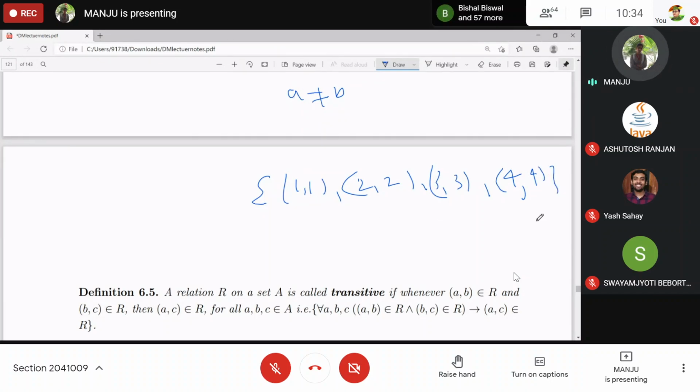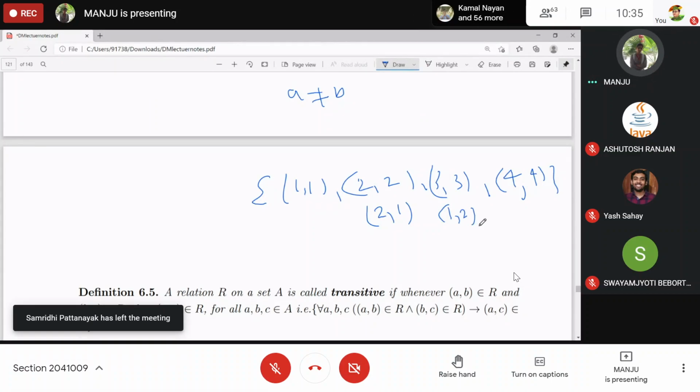So can you say this is symmetric, antisymmetric? Right? So if you include some more, that is, if you include 2, 1, then it is antisymmetric but not symmetric. If you include 1, 2, then it is symmetric but not antisymmetric.